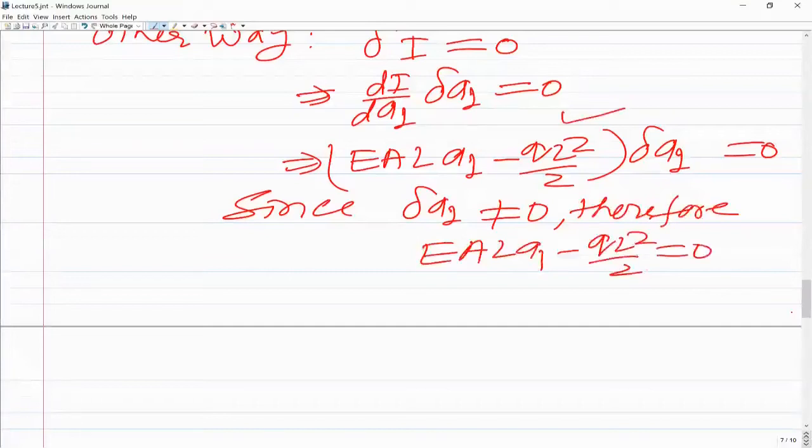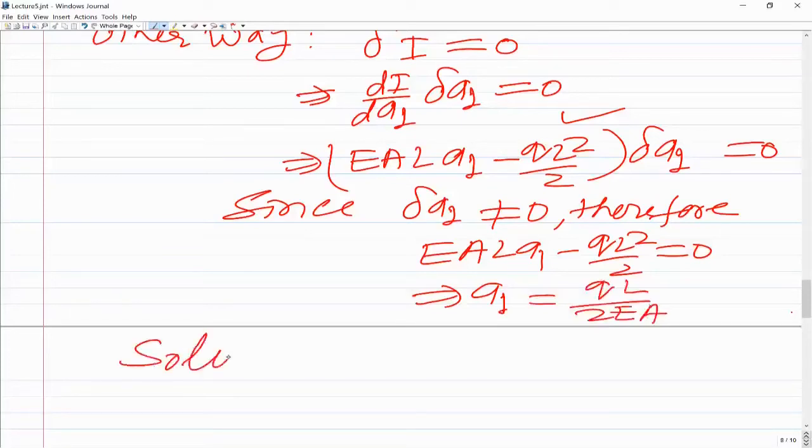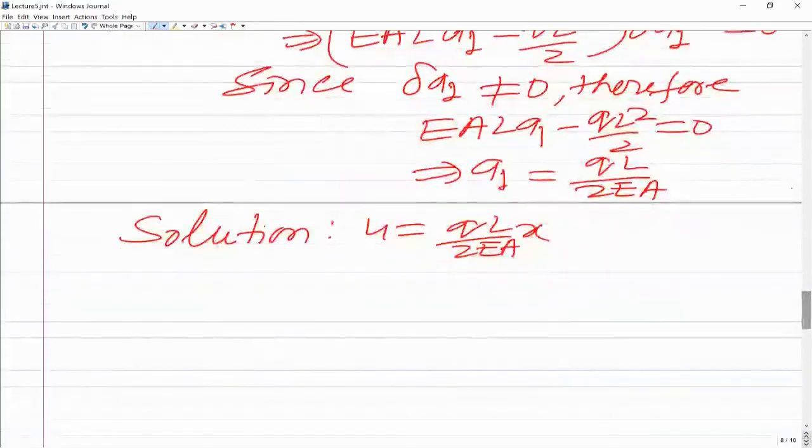It is the same thing written differently, and therefore you get a1 equal to ql upon 2EA. So the final solution is u equal to ql upon 2EA into x. This is the solution if we take the assumed approximate solution involving only two terms, that is, a0 plus a1x.